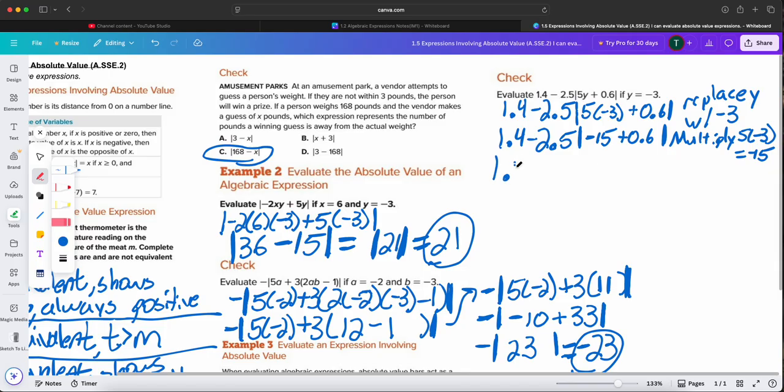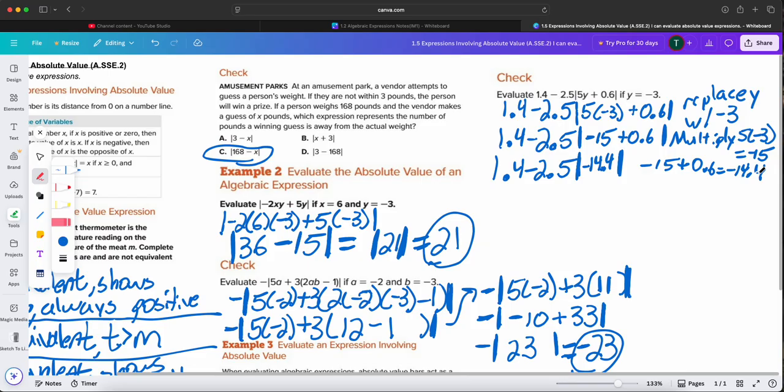Then we have 1.4 minus 2.5. Now we finish solving what's inside this absolute value. A -15 plus a 0.6 is -14.4. So our reasoning here could be -15 plus 0.6 equals -14.4. We just replace it with what it's equal to.